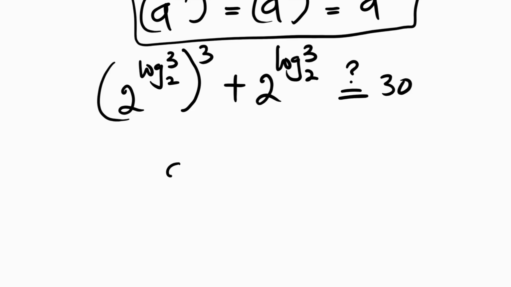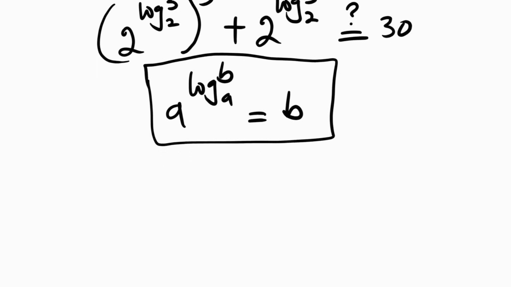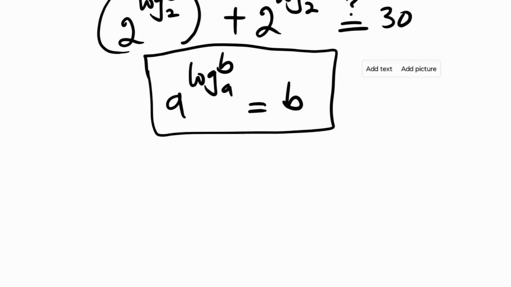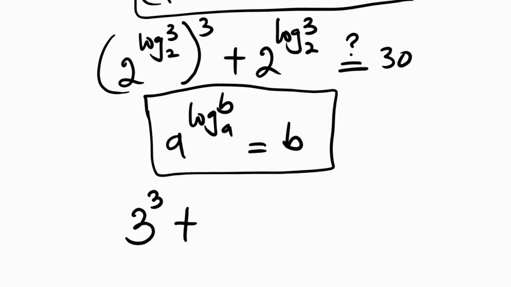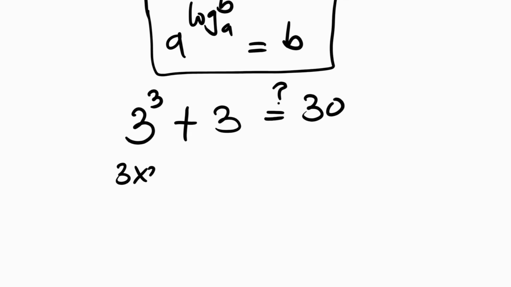Now we know that a raised to the power log of b base a is equal to b. Right, so let's apply this formula to the left-hand side of our equation. The left-hand side becomes 3 cubed plus 3. See if that's going to be equal to 30. 3 cubed is 3 times 3 times 3, which is what? 27.